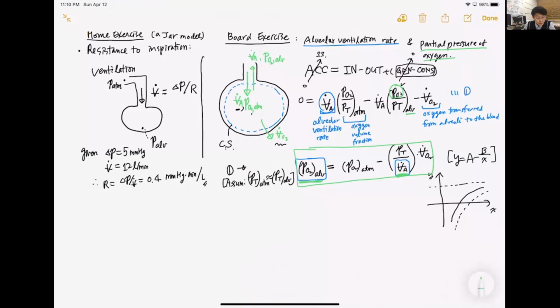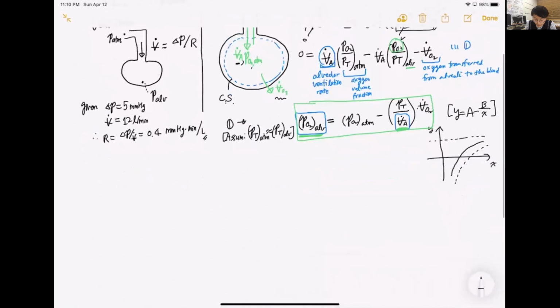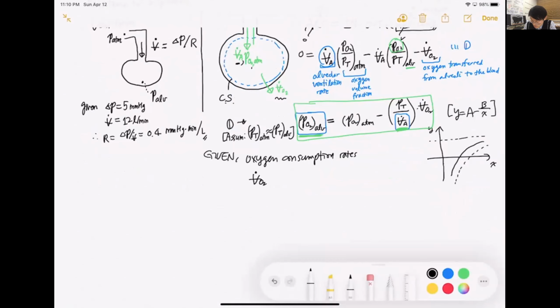So first of all, given the problem, the oxygen consumption rate is given, which is here. Let me show you here, like this. So this is a given.